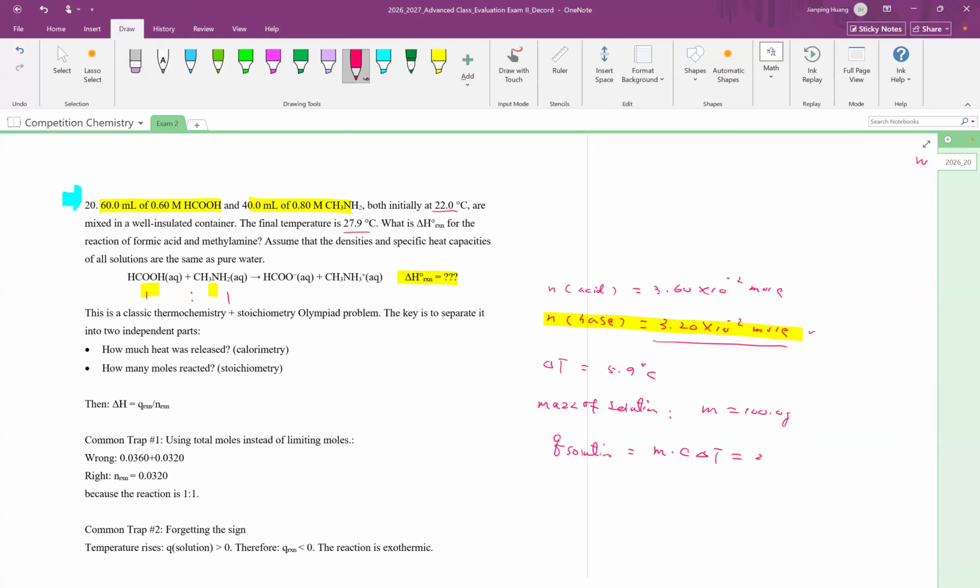So I got 2.469 kJ. Which means the reaction will release, Q reaction, should be minus 2.469 kJ.